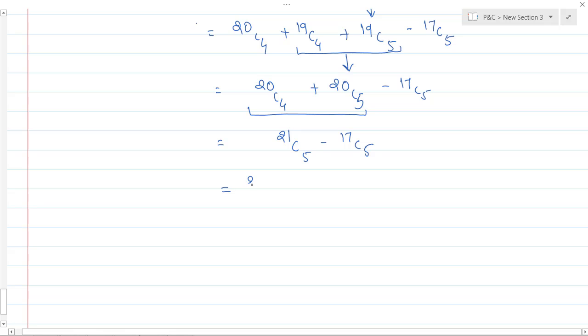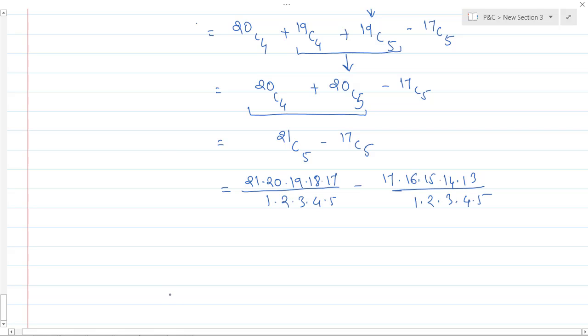Open this: 21, 20, 19, 18 and 17 divided by 1, 2, 3, 4, 5, minus 17, 16, 15, 14, 13 divided by 1, 2, 3, 4, 5.